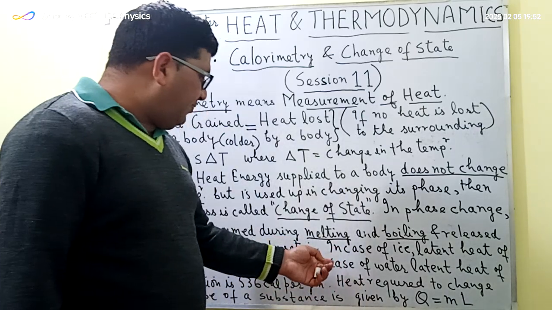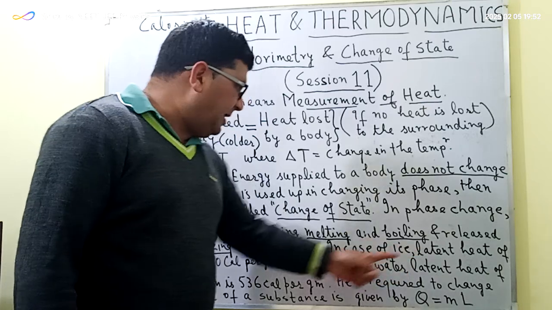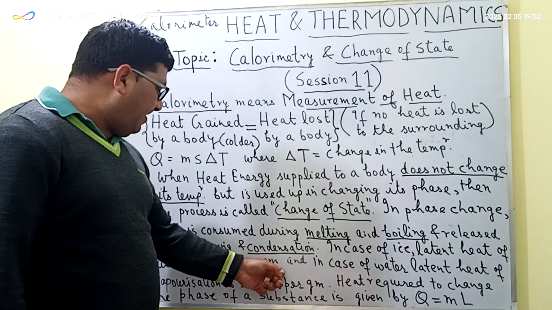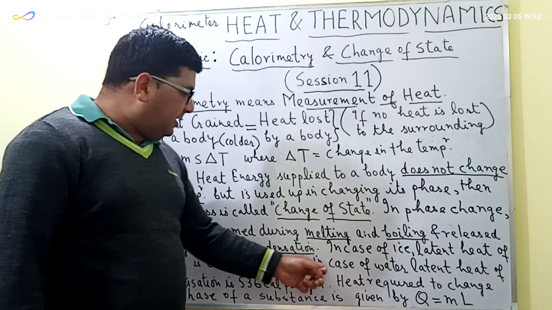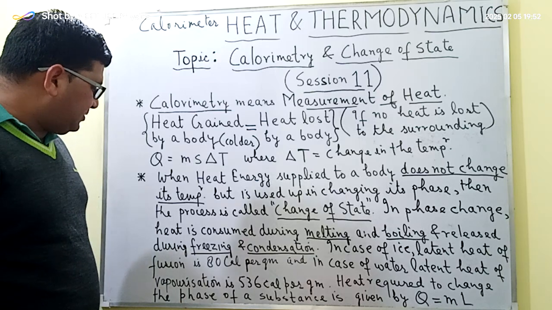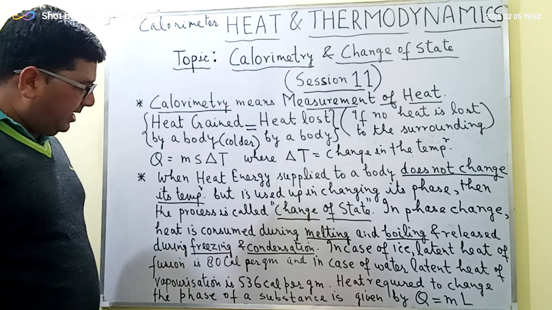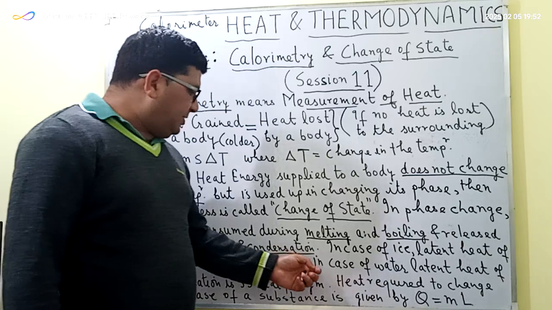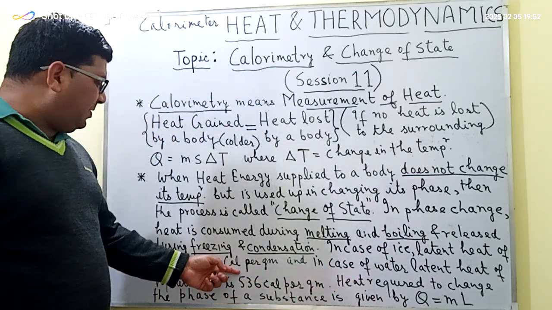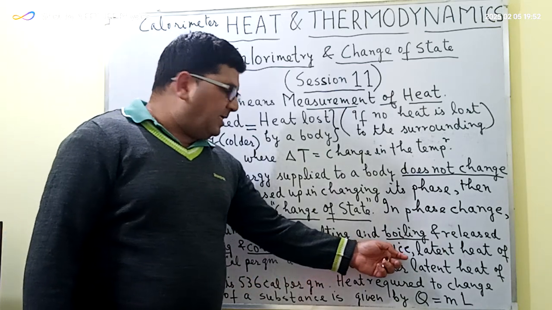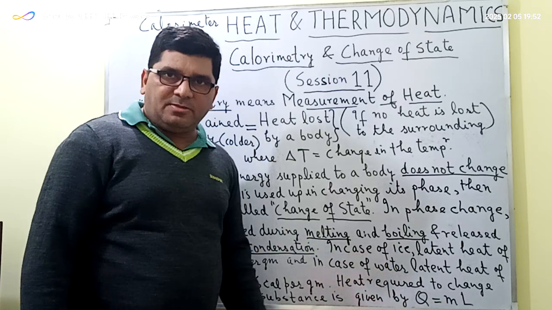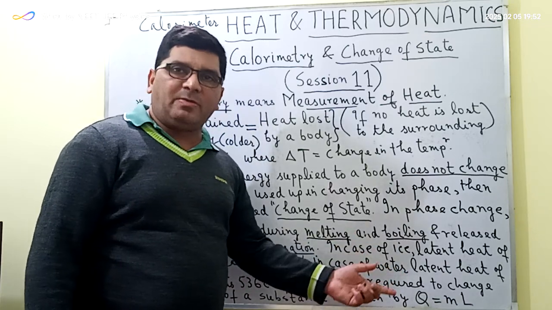In case of ice, the latent heat of fusion is 80 calorie per gram of heat energy, and in case of water, the latent heat of vaporization is 536 calorie per gram of heat energy. The meaning of this statement is that if I give 80 calorie per gram of heat energy to the ice, then this ice will melt into water at the same temperature.